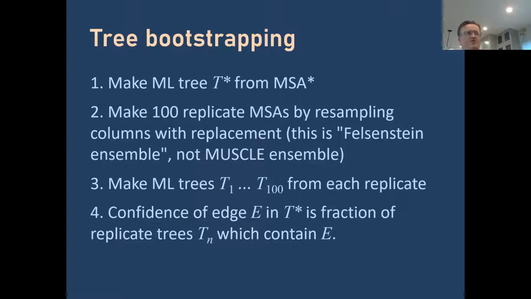You start from your one favorite alignment, and then you build an ensemble by resampling columns with replacement. Then you make a maximum likelihood tree, or whatever kind of tree you like, from each replicate, and then you assess the confidence of an edge by seeing how often that edge is reproduced in your ensemble of trees.